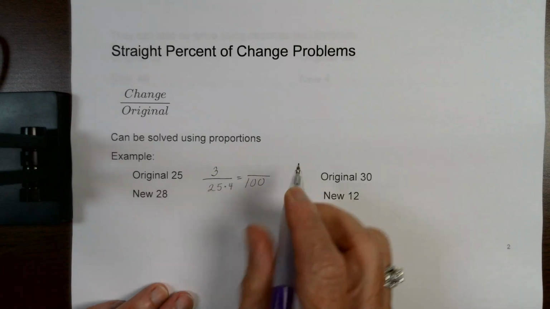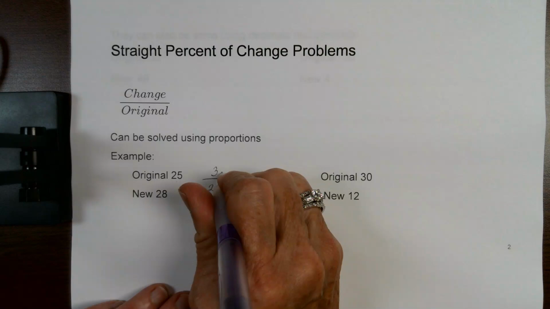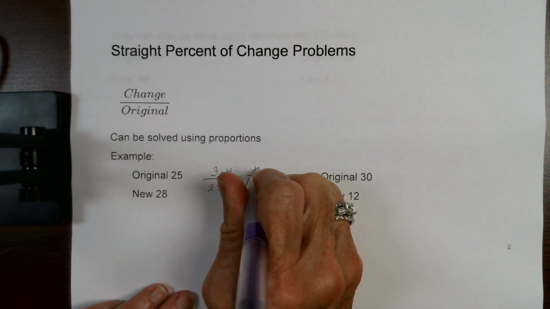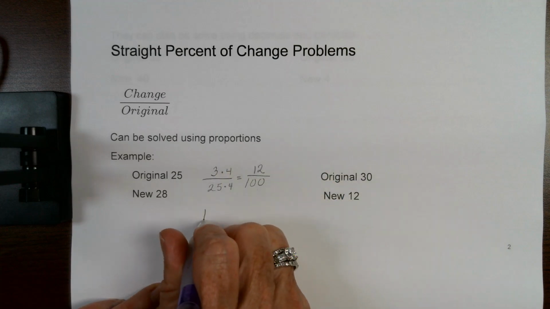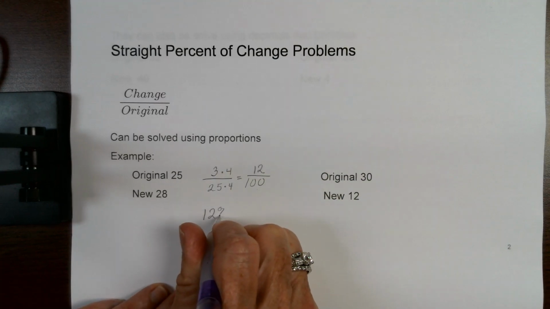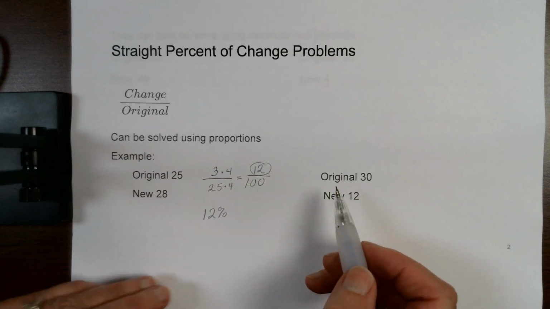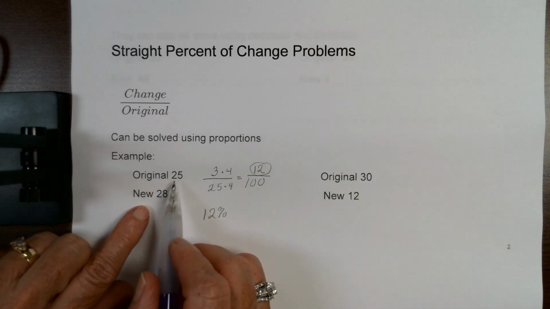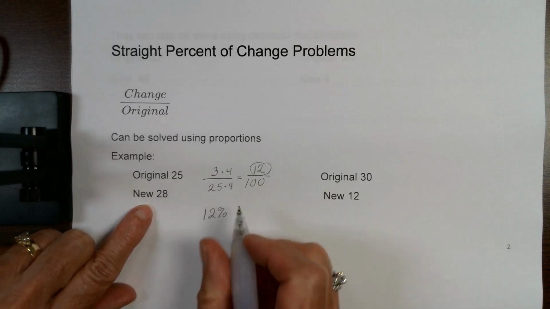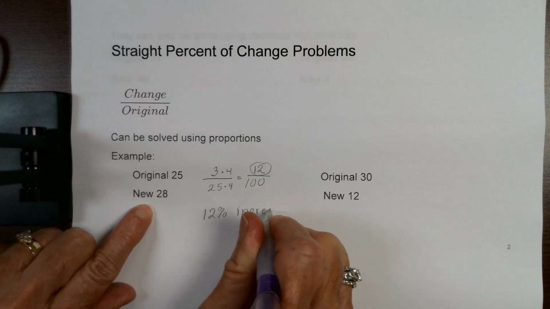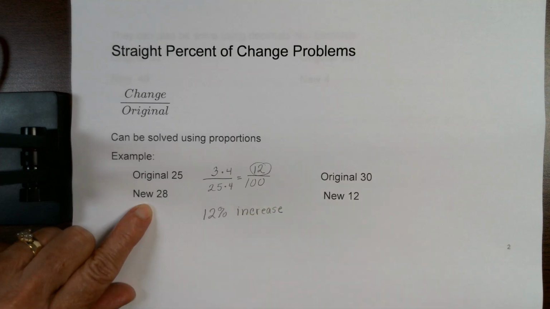If I do that, I'm going to get the 100 on the bottom, which means I also have to multiply the top by 4. So that's going to give me 12 over 100, or 12%, because that's the number I'm looking for. It's over 100. Notice that it goes up. It goes from 25 to 28, so it's a 12% increase. That's my rate of change.